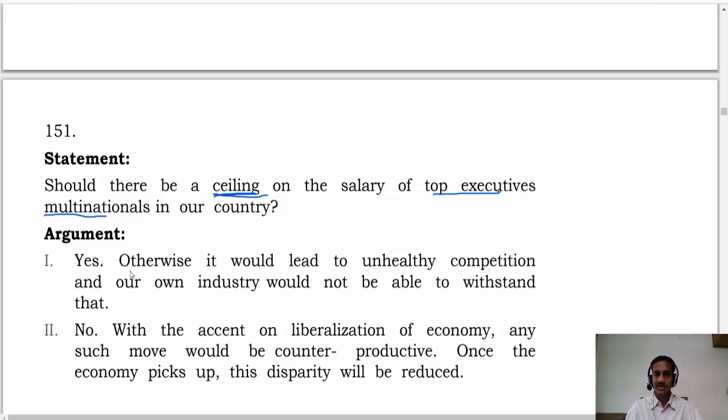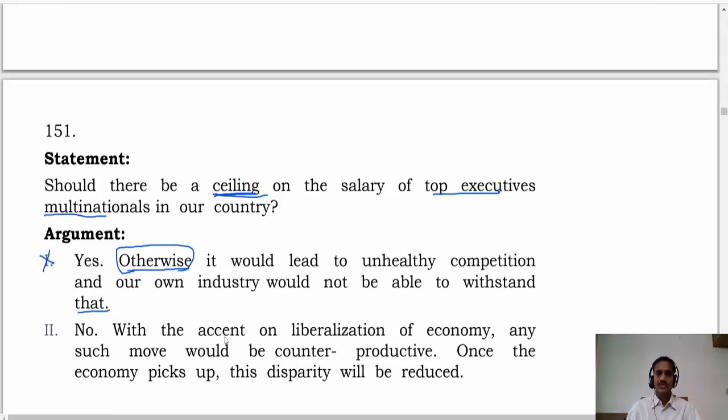Otherwise, it is based on a comparison. Otherwise, it will lead to unhealthy competition and our own industry would not be able to withstand that. Otherwise means it is based on a comparison. As it is based on a comparison, it cannot be a strong argument.